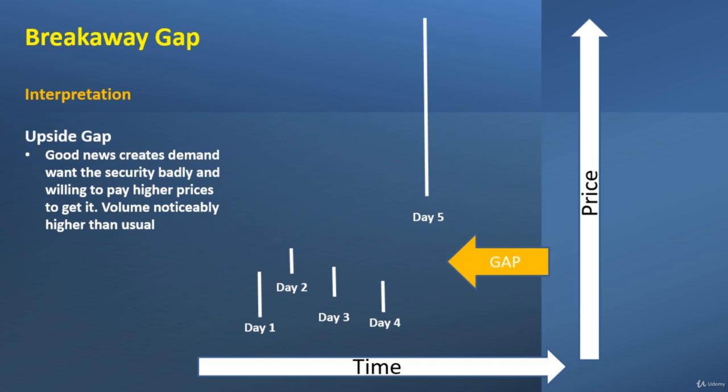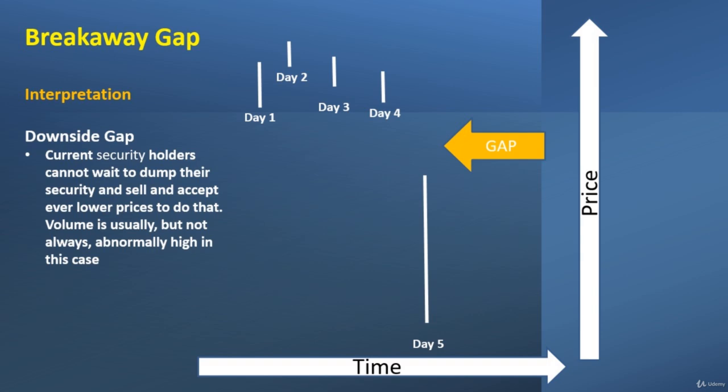If we were to put volume along the bottom of this, and we look at some other charts later, you'll see that. But if we had volume here, you'd usually see a spike or a dramatic increase in volume, because there's some news overnight, some good news, everybody's like, oh, this looks like a good security, I want to get in here, and a lot of people are getting in now, and they're willing to pay these higher prices right from the start of the day. And that's what helped create this big upside gap.